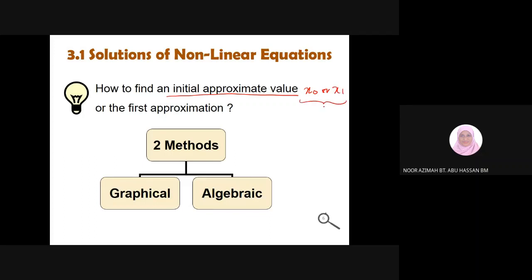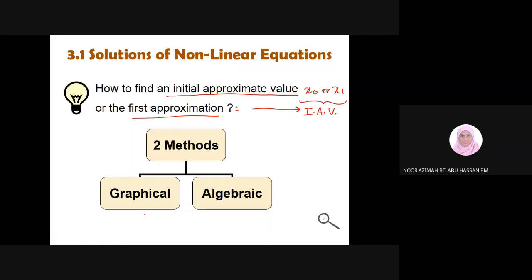This is our initial approximation value, which I will shortform as IAV. Most of the time, we will use x1. Sometimes it is also used as x0. Either one, or the first approximation.